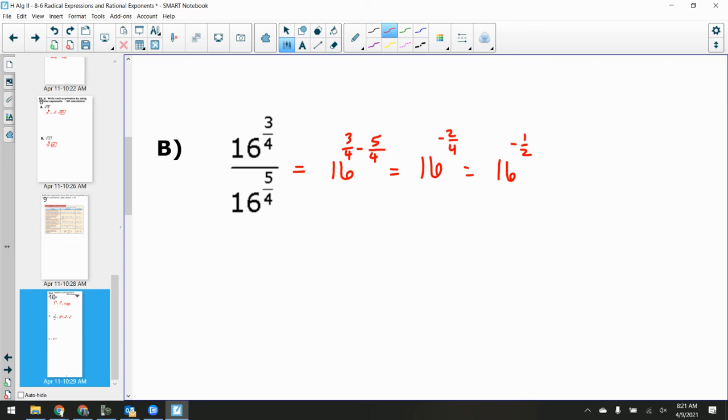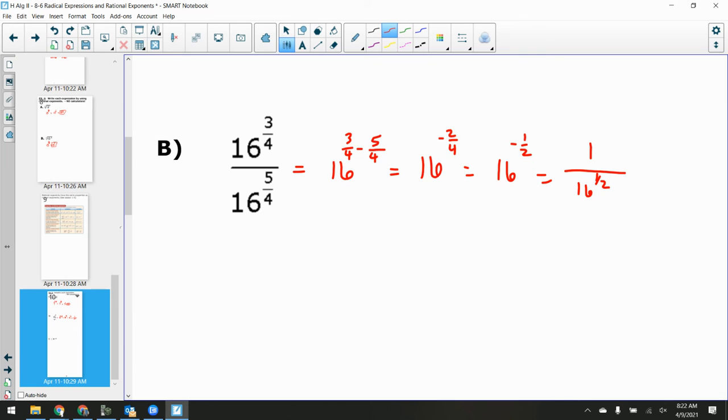And what is the negative in the exponent telling me to do? Put it in the denominator. So this is really 1 over 16 to the positive 1/2 power.